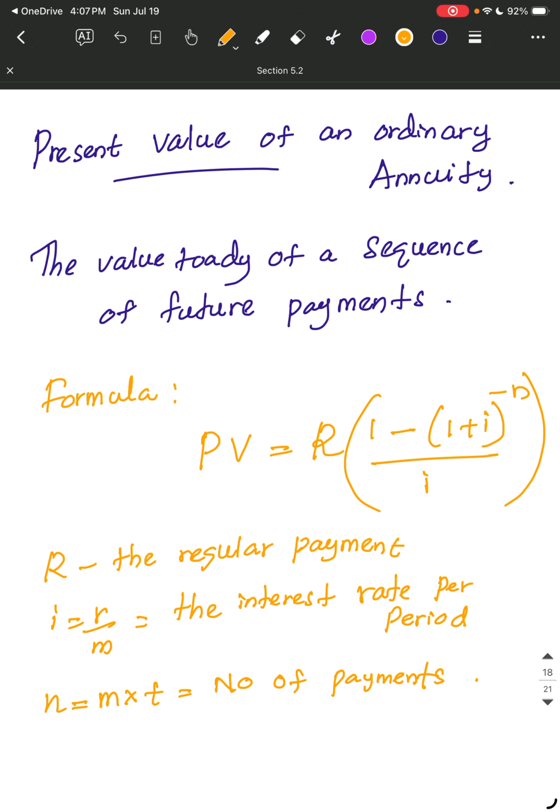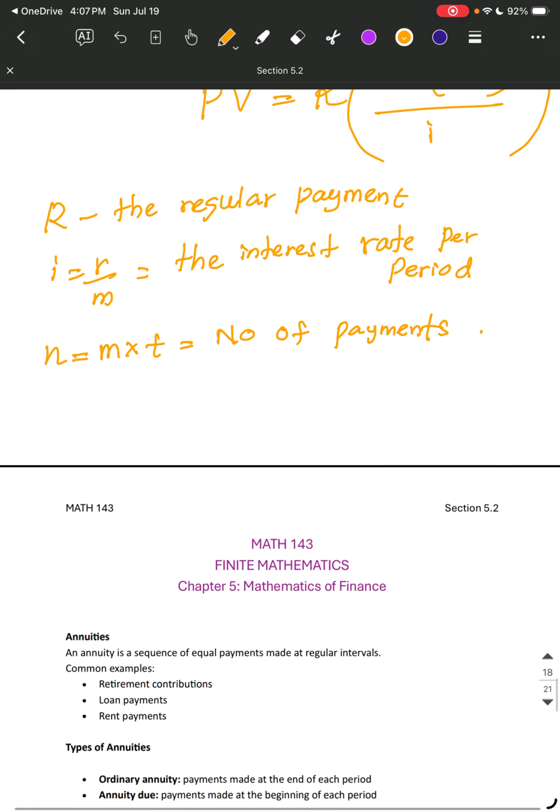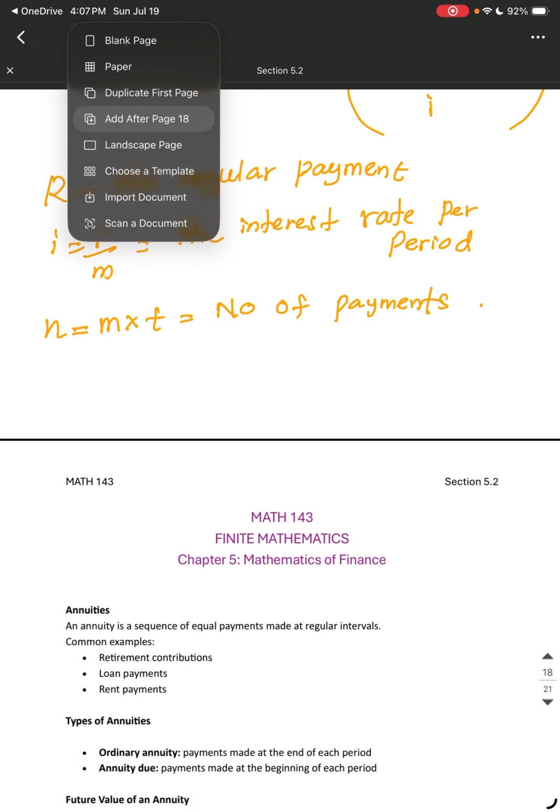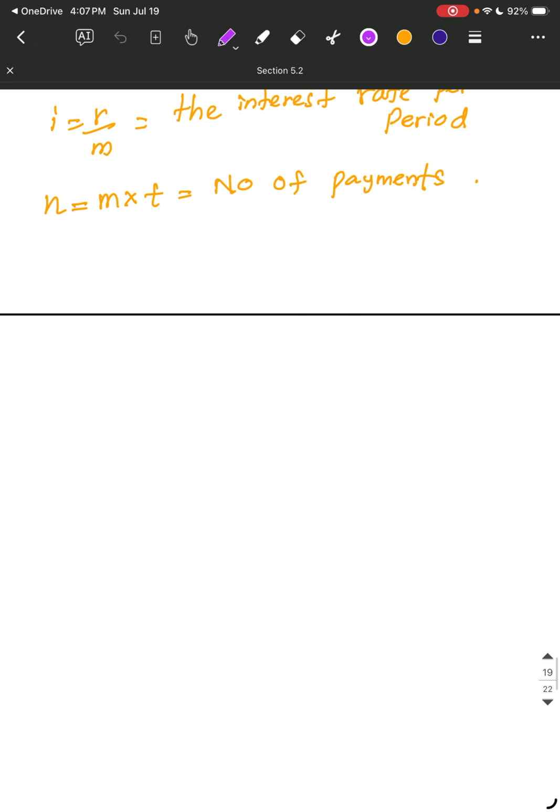So, it is very important to choose between future value and present value. Therefore, how to choose between future value and present value.